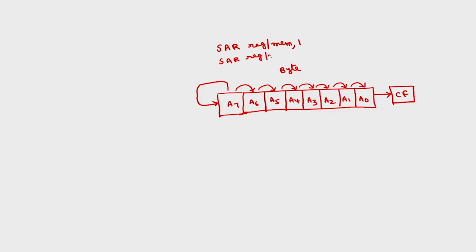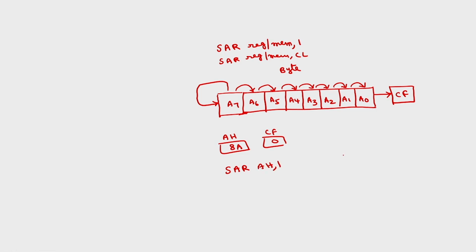register slash memory, CL. In all these shift operations and rotate instructions, CL by default stores the number of bits to be shifted or rotated. If I give an example of SAR 1, if the contents of AH are 8AH, and the carry flag is initially reset, say I write SAR AH comma 1.